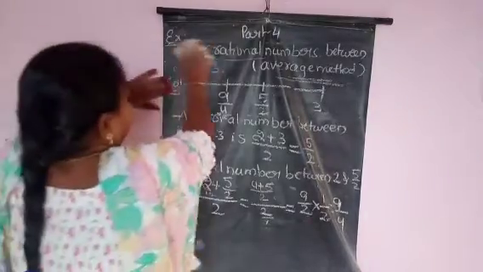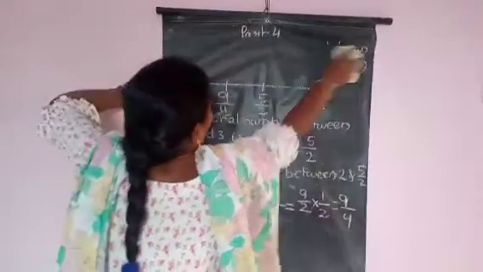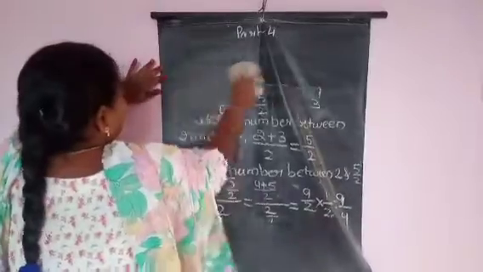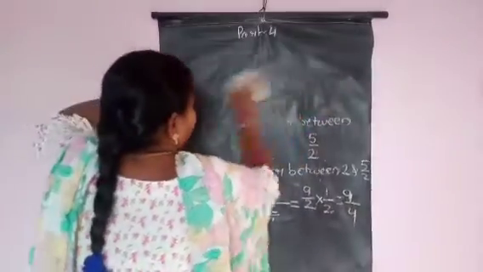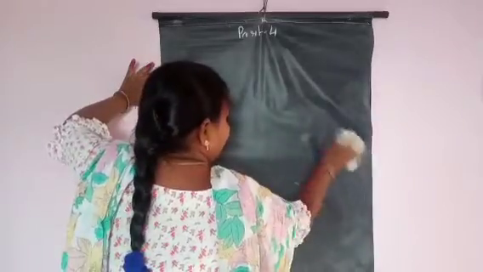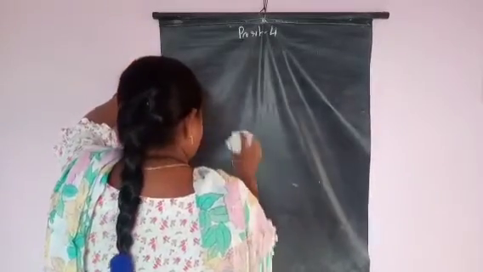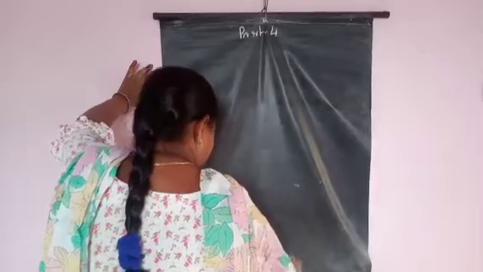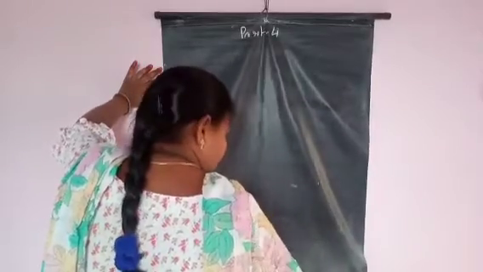Okay, and another method, if it is given to find 10 rational numbers between the given numbers, or 100 rational numbers.